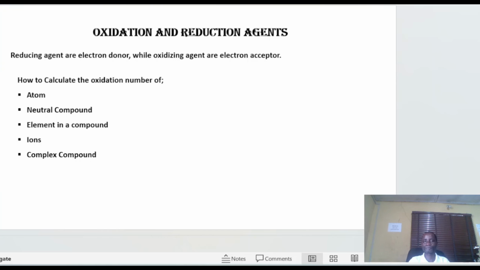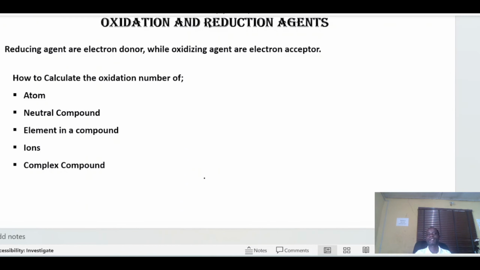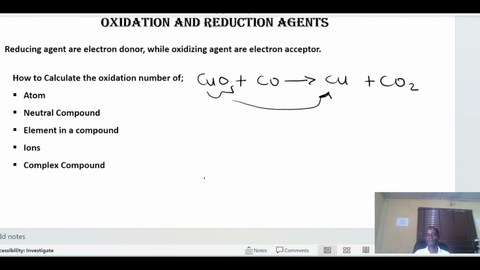First, let's look at the reaction between copper 2 oxide and carbon monoxide, that is CuO plus CO, which gives copper atom plus carbon dioxide. From CuO to Cu, this is pure reduction. While CO to CO2 is oxidation.